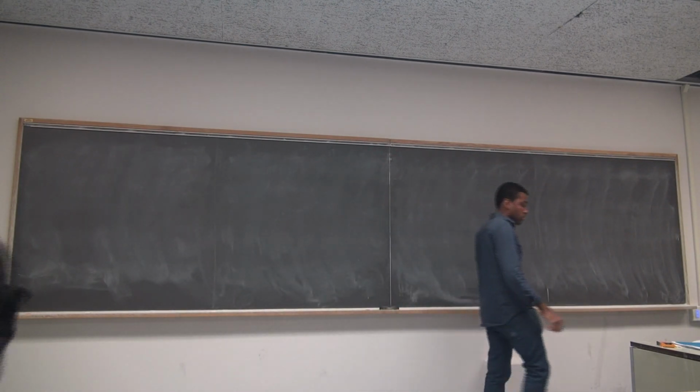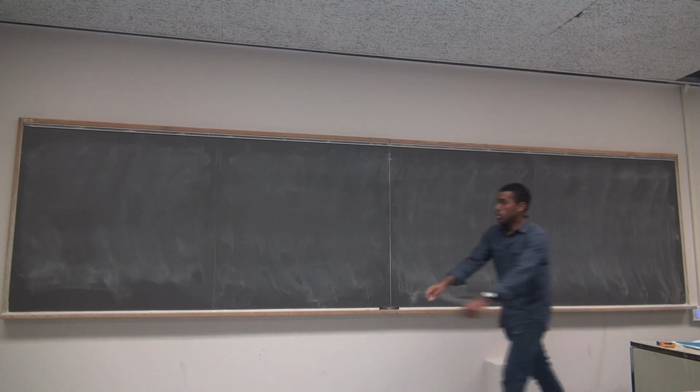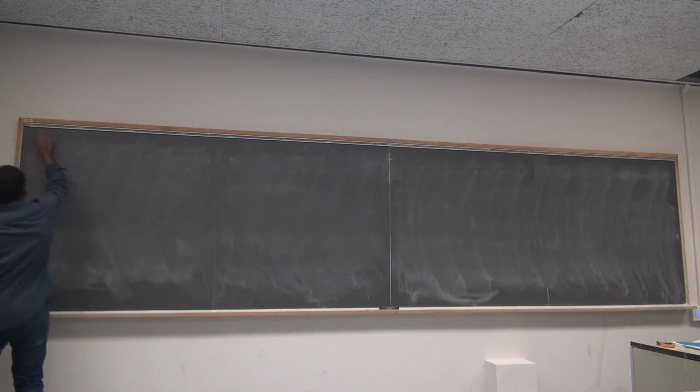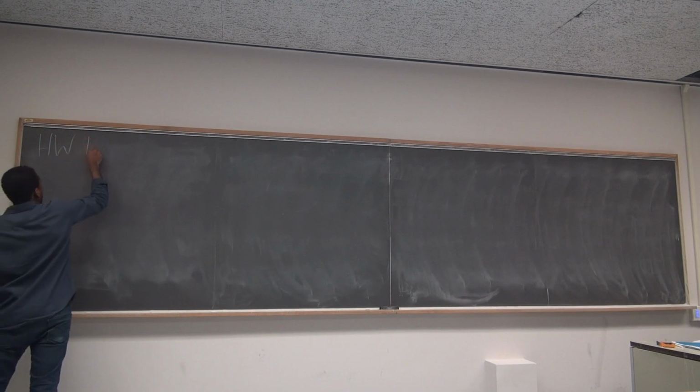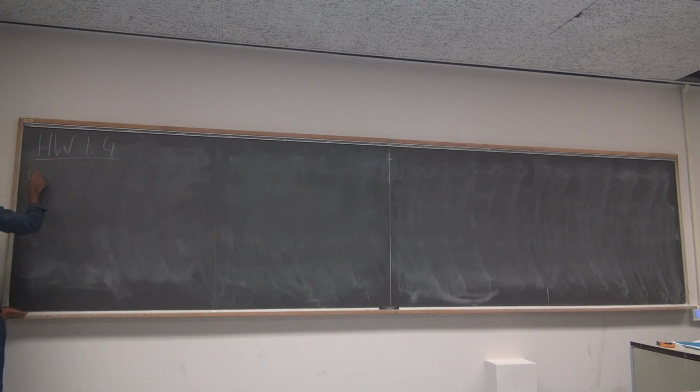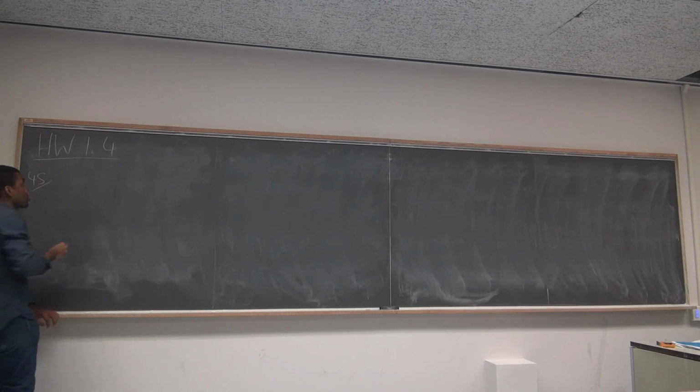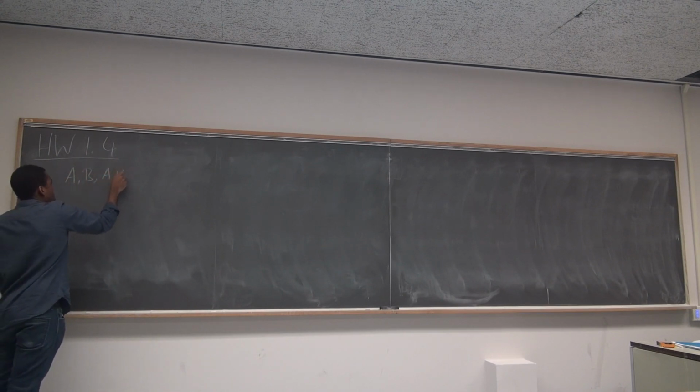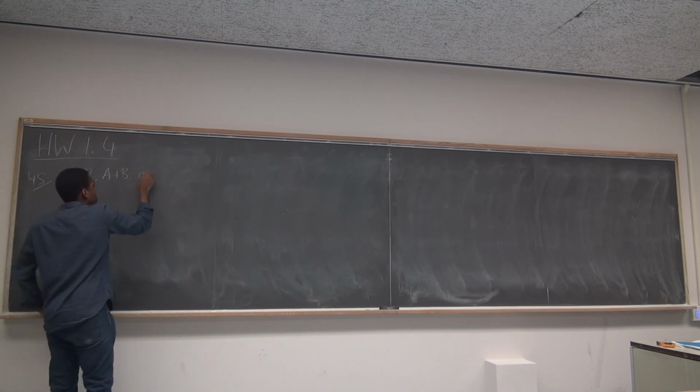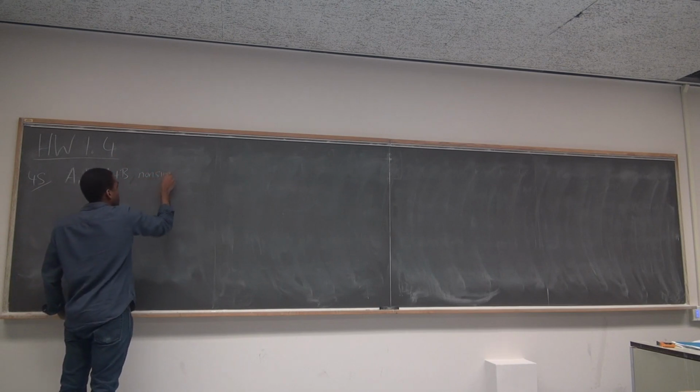Number 45. A, B, and A plus B are all non-singular n by n matrices, which means they're invertible.